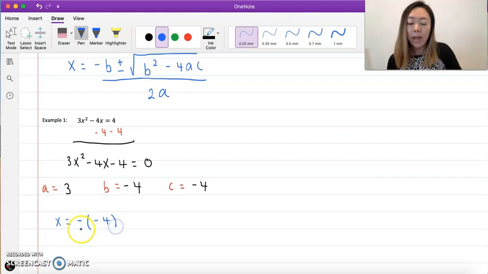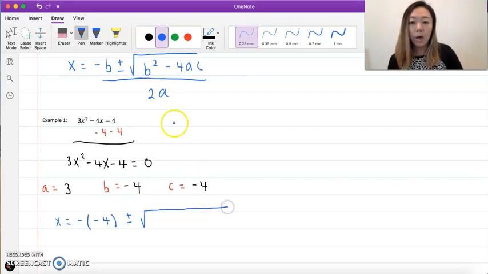So that will give us negative 4 plus or minus square root of, next part is b squared. Again, b is negative 4, so that's negative 4 squared minus 4 times a is 3, times c. Our c is negative 4.